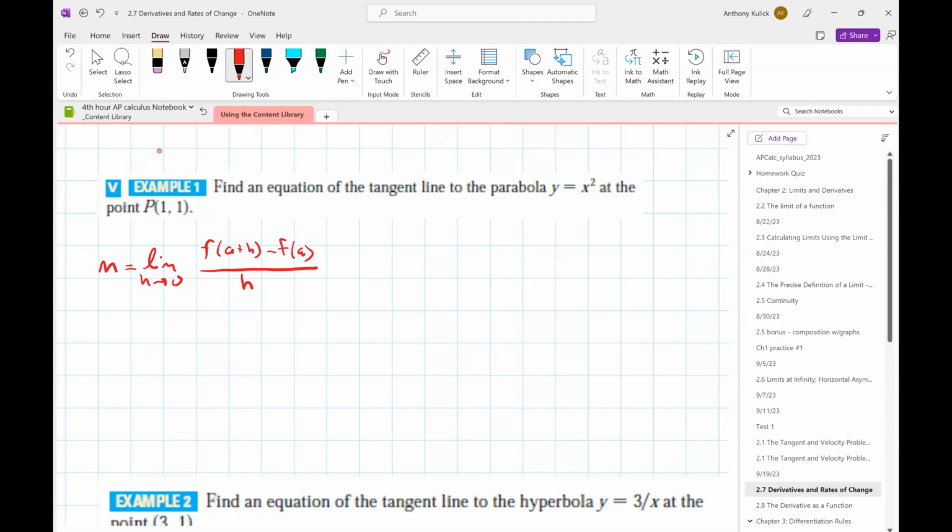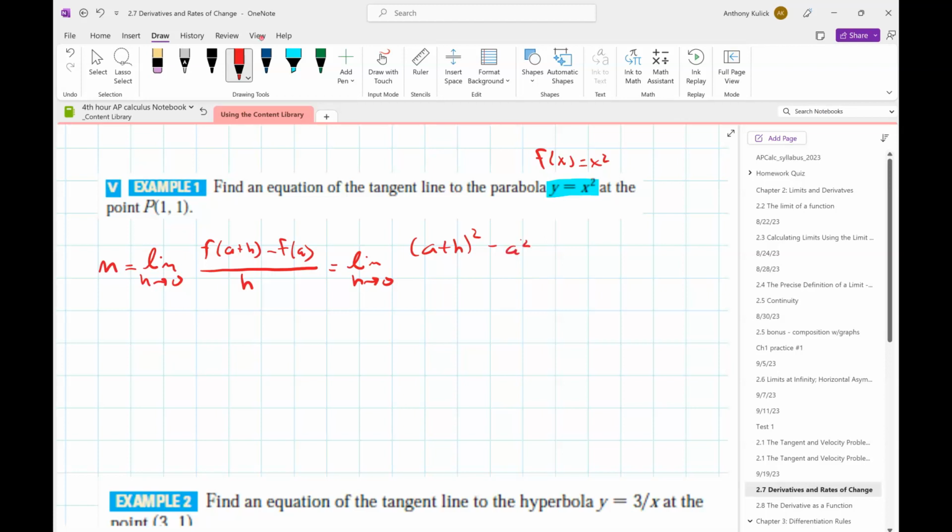Okay, what does f of a plus h mean? It's me plugging in a plus h into x squared. So that would be a plus h squared. Everybody's okay with that? What's f of a going to be?